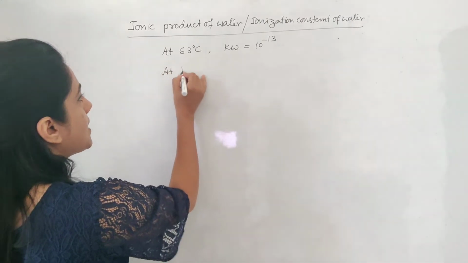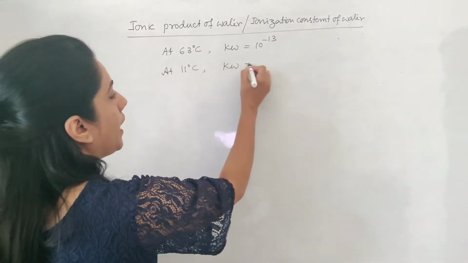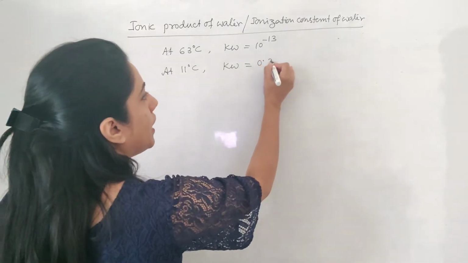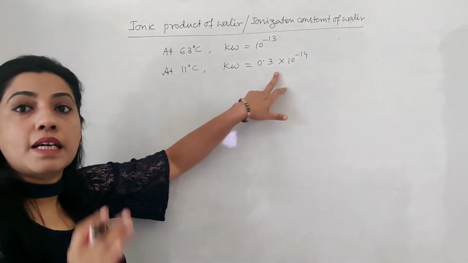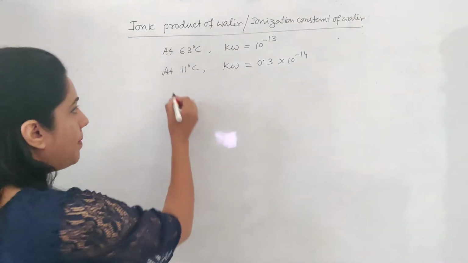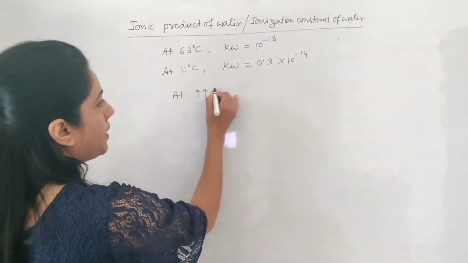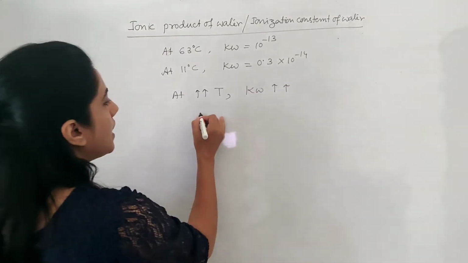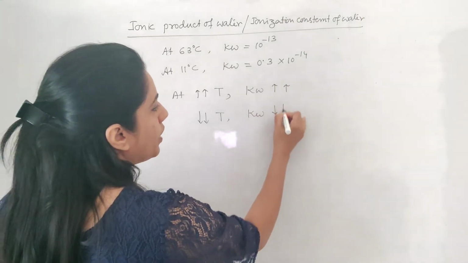At 11 degrees Celsius, when the temperature is lower, the value of Kw has been experimentally found to be 0.3 into 10 raised to power minus 14. So the value of Kw decreases at lower temperature. That proves that if the temperature is increased, the value of Kw also increases, and if the temperature is decreased, the value of Kw also decreases.